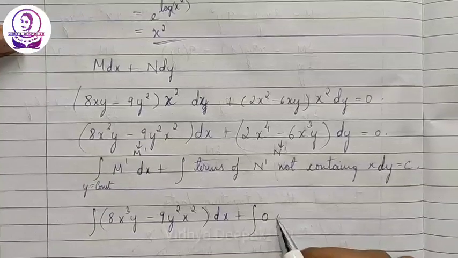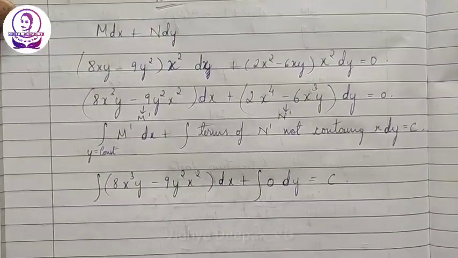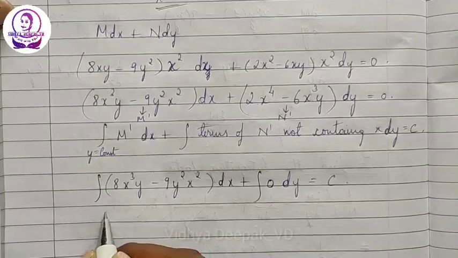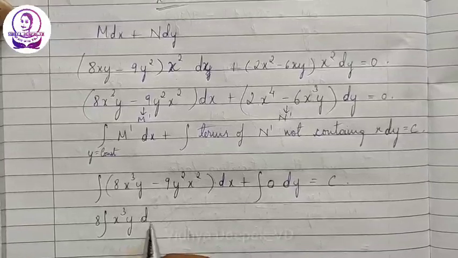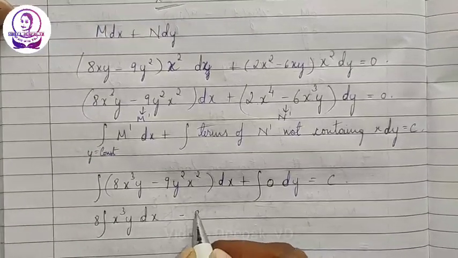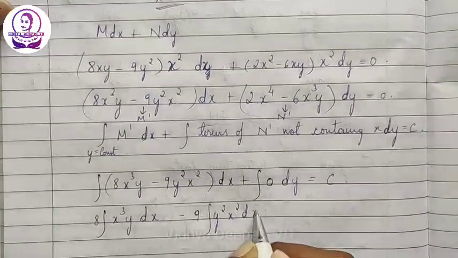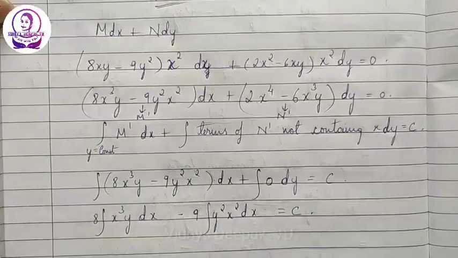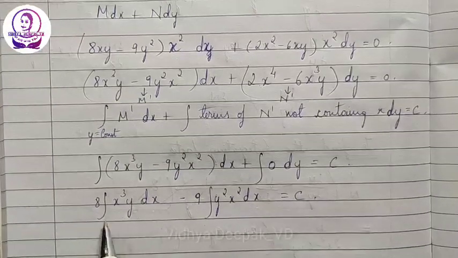So it is 0 dy equals c. Now we can split this integral, taking the constants outside.